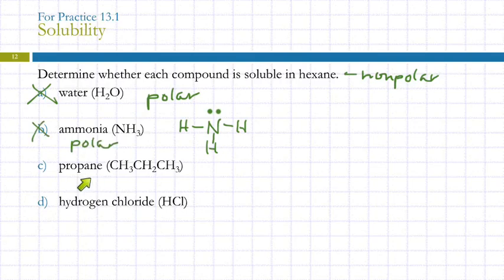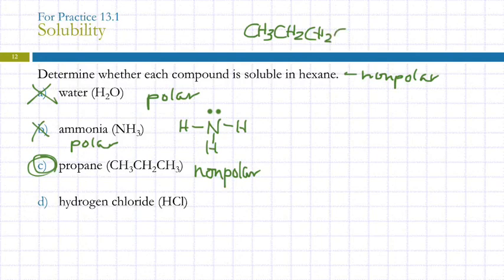How about propane? So here's the formula for propane. Is it polar or nonpolar? Nonpolar. So, do you think that'll mix with hexane? Yeah, it probably will. Hexane can be written CH3, CH2, CH2, CH2, CH2, CH3: 1, 2, 3, 4, 5, 6.